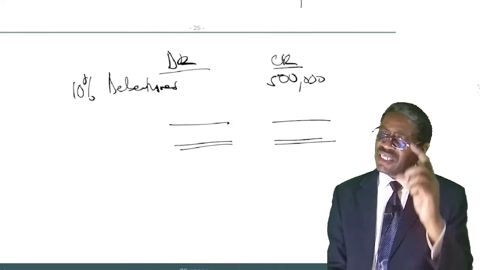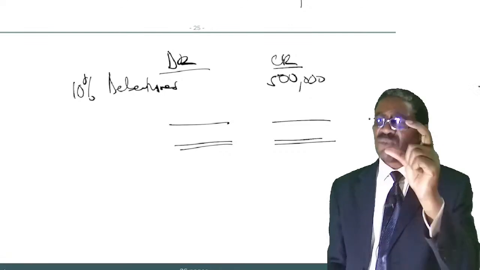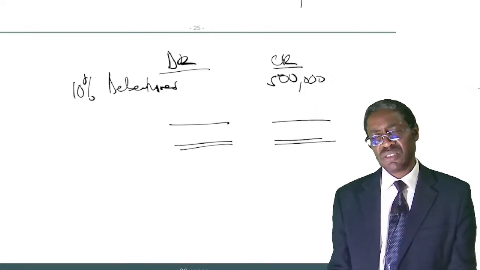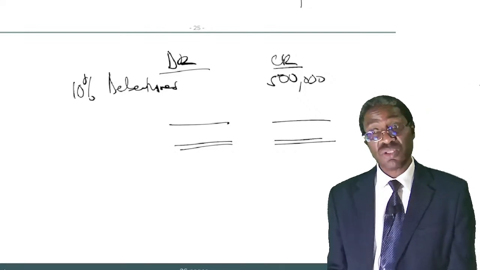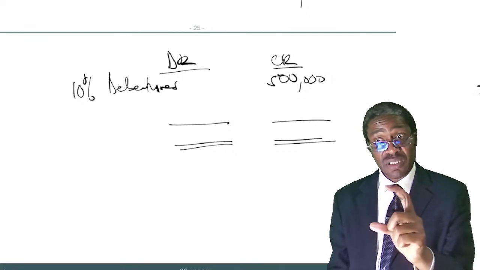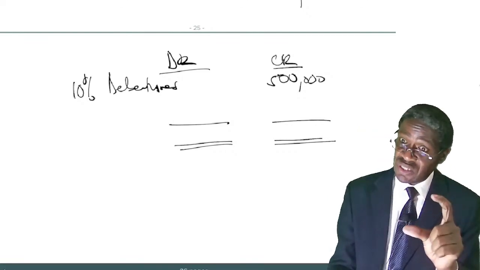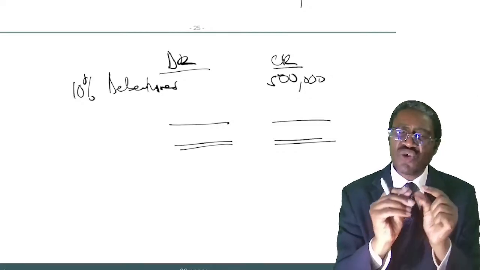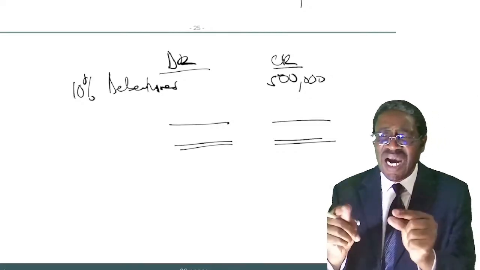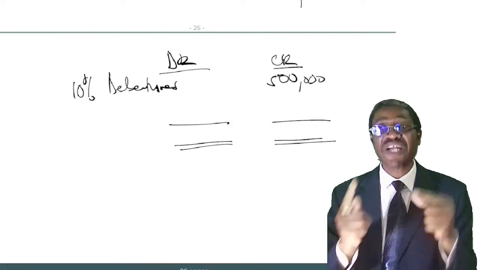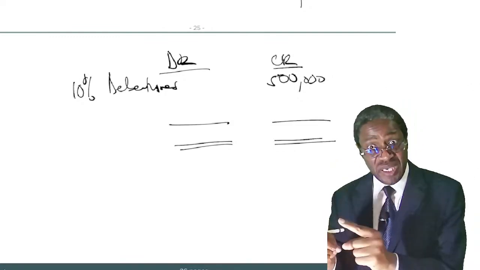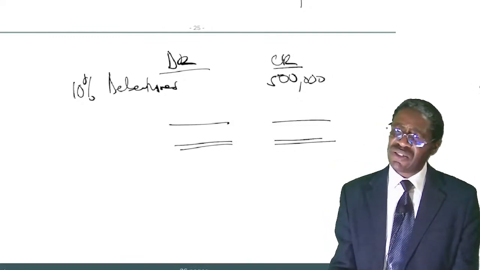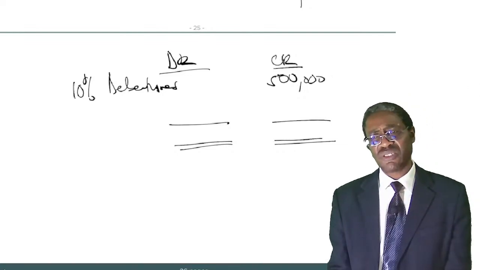Does it mean that I'm not going to charge interest? The answer is no. You still must recognize interest. I've told you, the accrual concept states you recognize costs when they are incurred, but not when money is paid. According to this trial balance, we have paid nothing for interest.